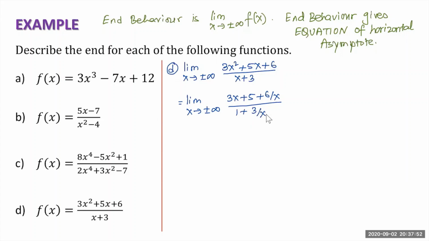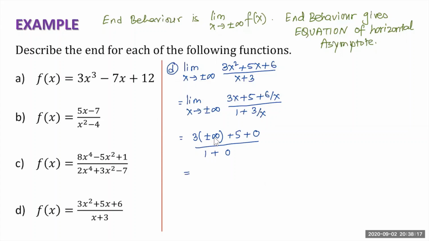Now, you know that when x approaches infinity, 6 over x and 3 over x will be 0. So what I'm getting here is 3 times x, which is positive or negative infinity, plus 5, plus 6 over infinity which is 0, over 1 plus 0.